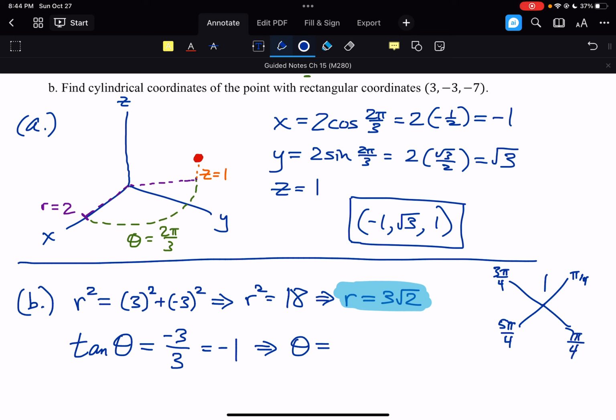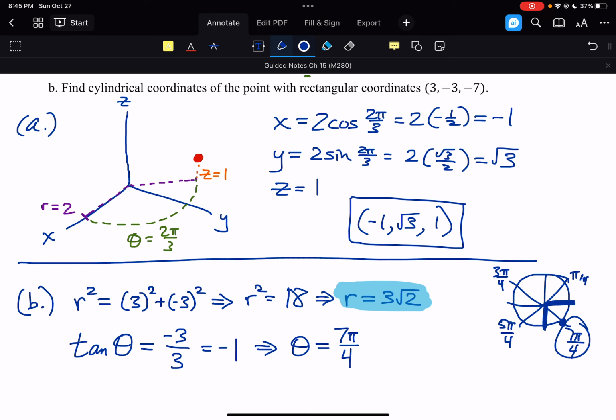Right, one of those 4 angles on the unit circle. What we know about this is that the y value, which is the sine value, is negative, and the cosine value, which is the x value, is positive. So we have a positive x puts us over here, and a negative y puts us down here. So it has to be this angle. So that's 7 pi over 4.